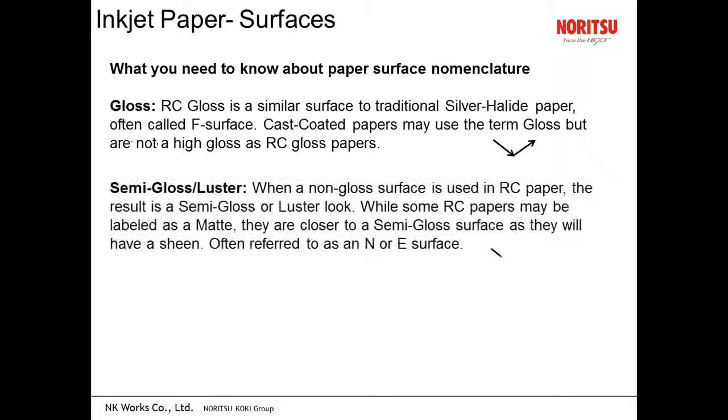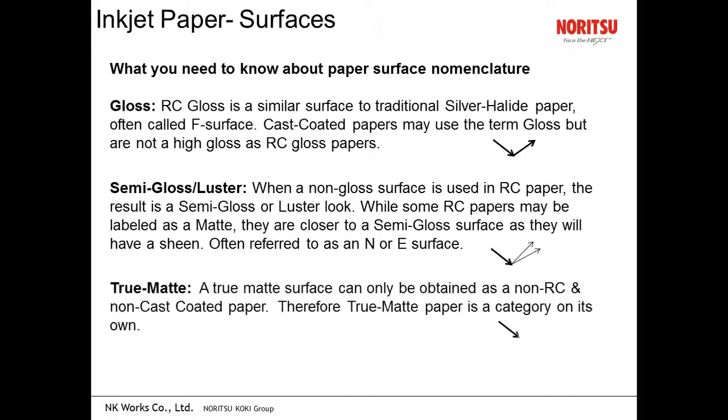We have the term glossy, we have the term semi-gloss, which is very similar to luster. Semi-gloss has slightly more of a sheen than when the term luster is used. And then, of course, we have true matte. And what we mean by true matte is a true matte surface that has very little sheen to it. And the difference between these papers is just simply the manner in which they reflect light.